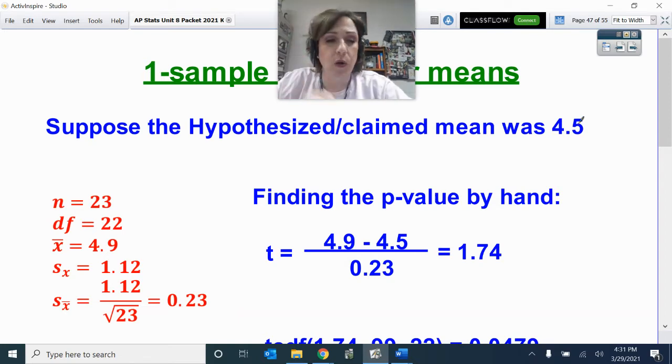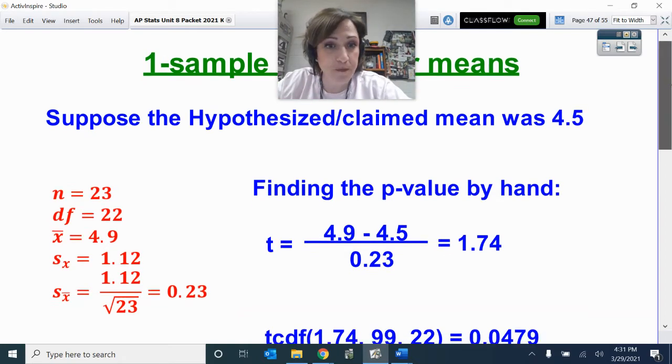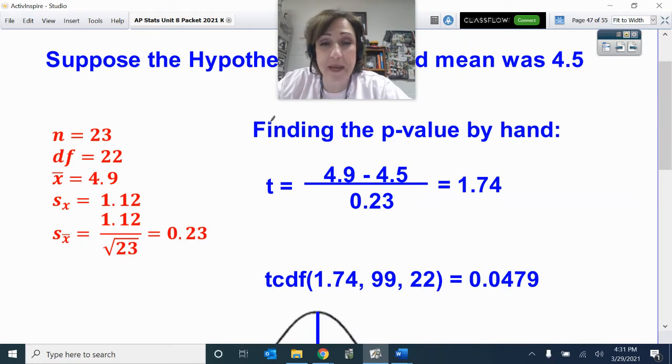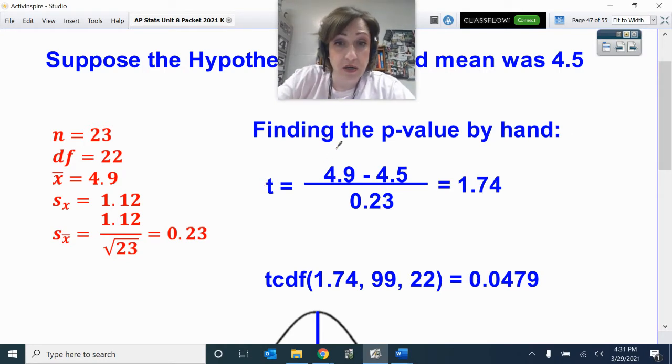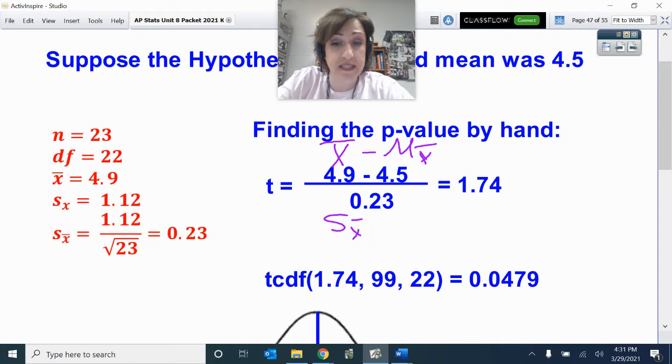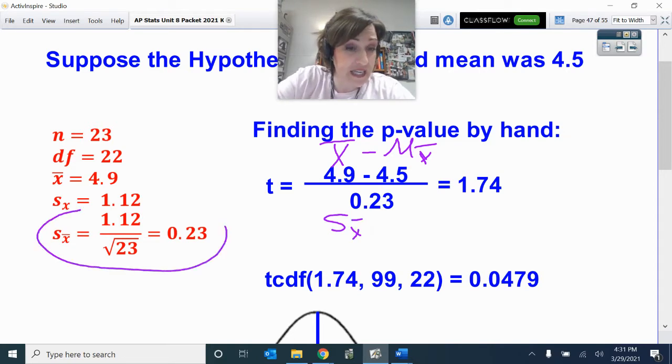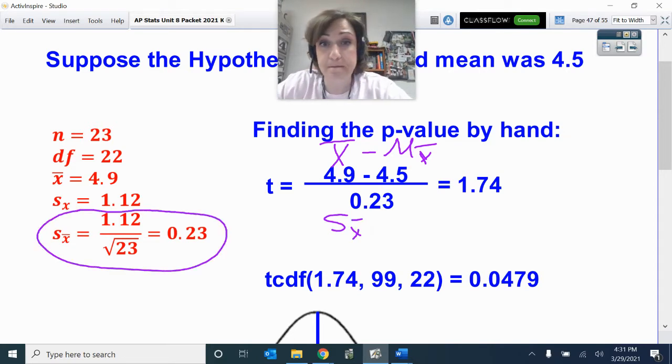Okay, so you suspect it's higher. So to find that p-value by hand, you have to get your t-score. So that's your x bar minus that hypothesized value over that standard error of the statistic. That's this here. Okay? And so there's my t-score.